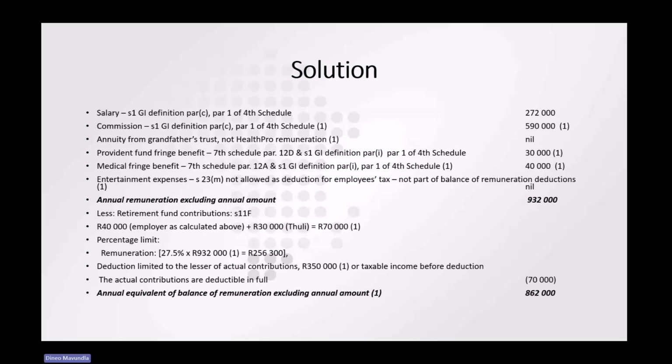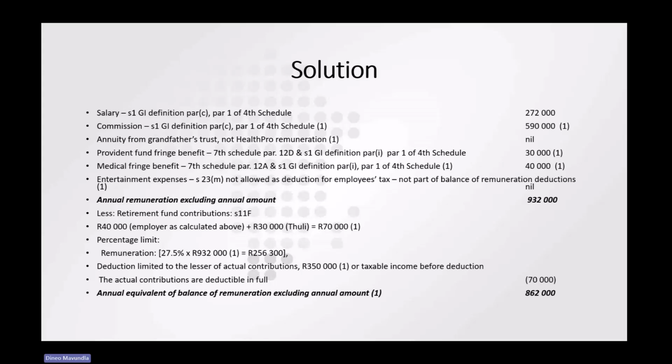So our contribution is 70,000 rand, limited to the 27.5% of the 932,000 rand, and also the 350,000 rand or the taxable income before the deduction.